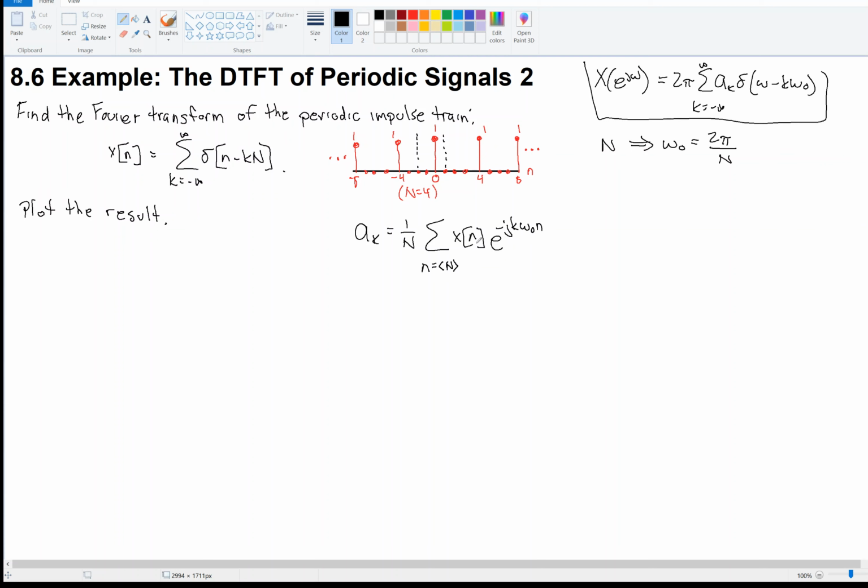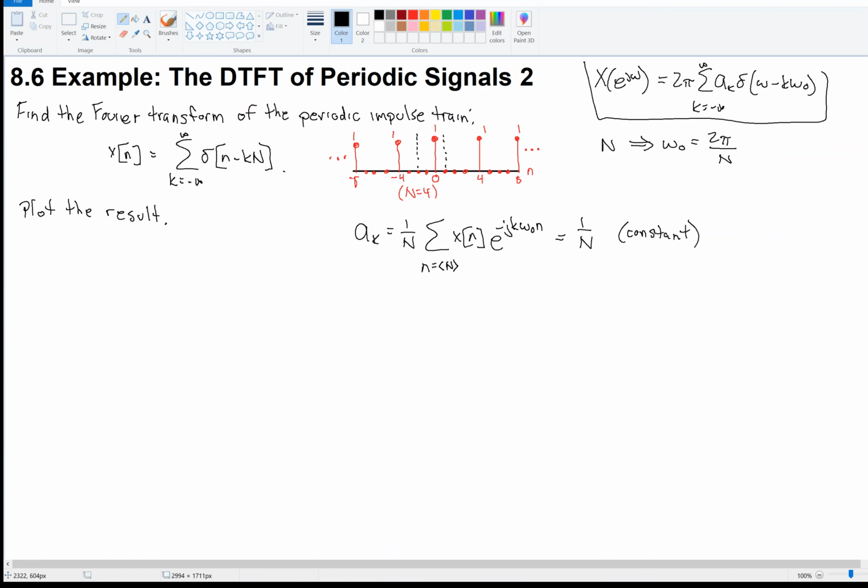Over that range, the only non-zero value of x[n] is at 0, where it is 1. This is the sifting property of the impulse: the impulse sifts out the value of e to the minus jk omega 0 n evaluated at n equals 0. So this is just 1 over n, and that's it. These are constant. They're all 1 over n.